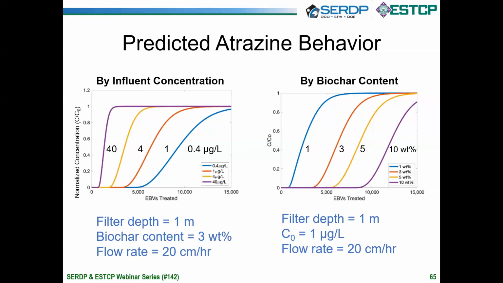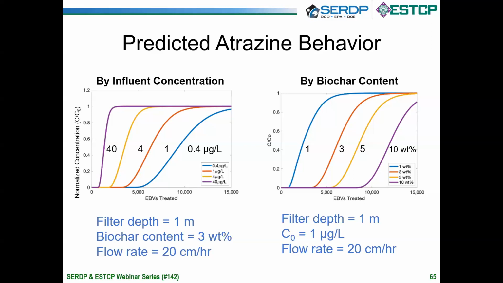Now that's with 3% biochar content. What if we were to increase the biochar content? And so the plot on the right now shows predictions with 1% by weight, 3% by weight, 5%, and 10% by weight.